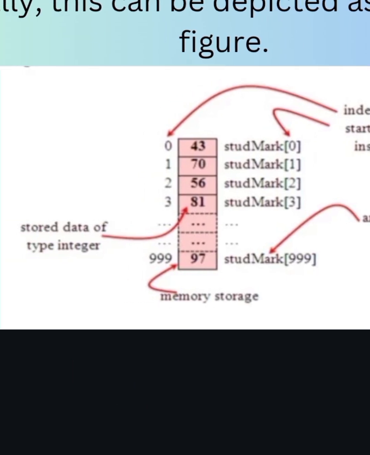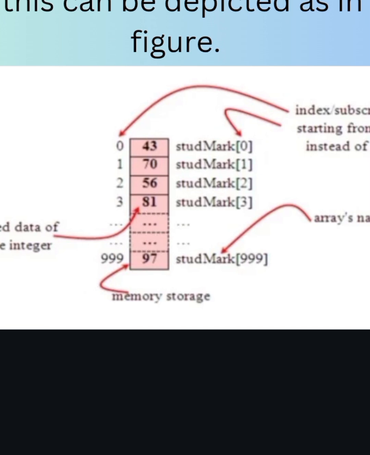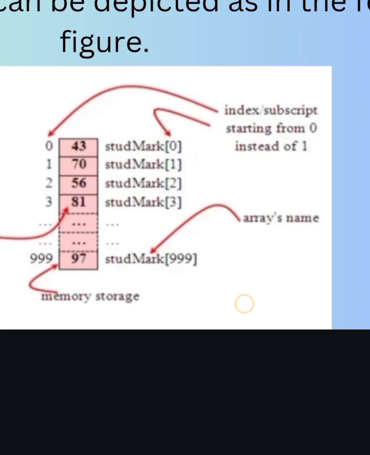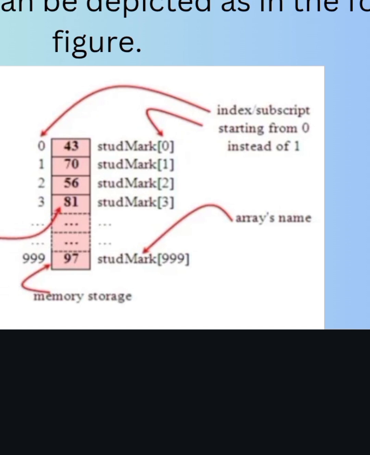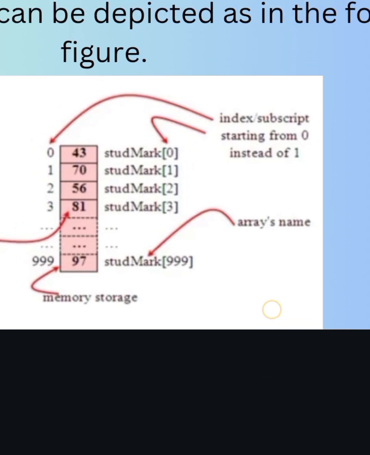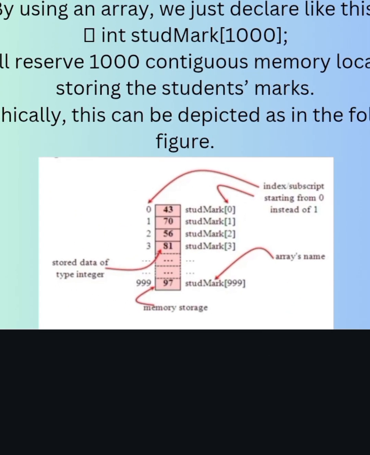This is the stored data type, integer. Student_mark[0], where 0 is the index or subscript, starting from 0 instead of 1. Student_mark is the array's name.